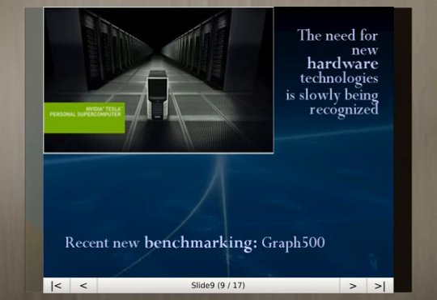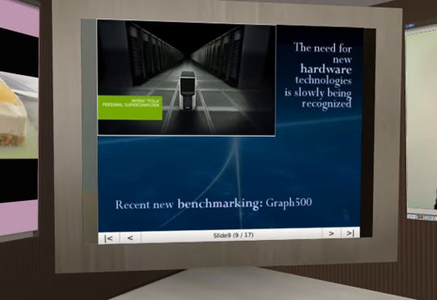And there are actually some good pointers that this might be happening. There are new benchmarks that are being developed. Very recently there was one announced called Graph 500. Most people buy supercomputers and high-end processors based on their benchmarks, but the problem is they're still benchmarking for these very serial arithmetic operations that we're used to thinking about computers as doing.